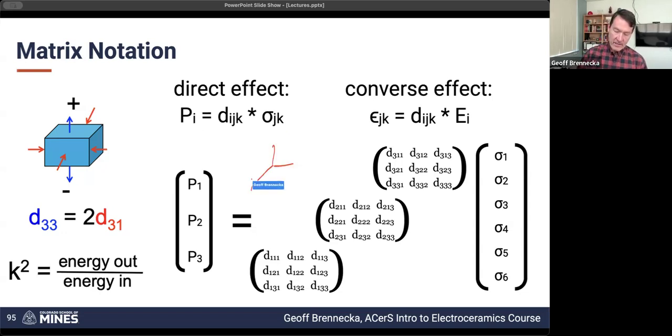So this could be I, J, K, or it could be 1, 2, 3, and we use I, J, and K as the completely generic versions. They're just telling you the directions along these different Cartesian coordinates, and which direction you pick varies with the application and varies with the crystal structure and varies with which direction you're applying the field.